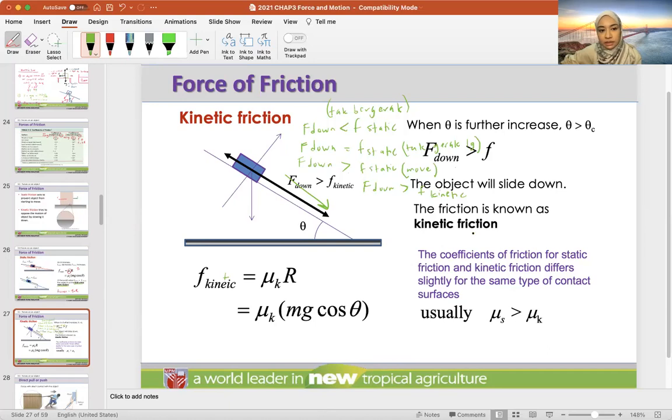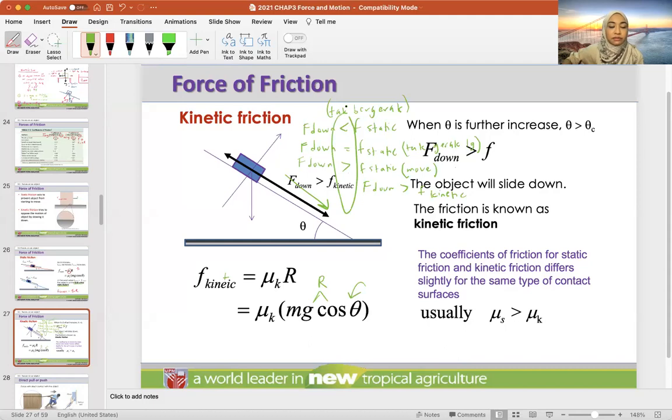So bila kita cakap pasal friction is less than F down, friction is greater than F down, semua ini berkait dengan theta of the inclined plane. Dia berkait sebab value ni akan berubah. Value of R, which is this guy, akan berubah mengikut theta. So bila value dia berubah mengikut theta, then you would have these different boundary conditions.